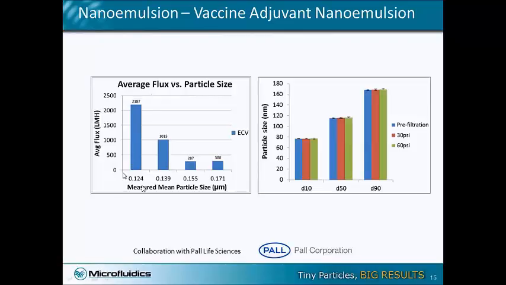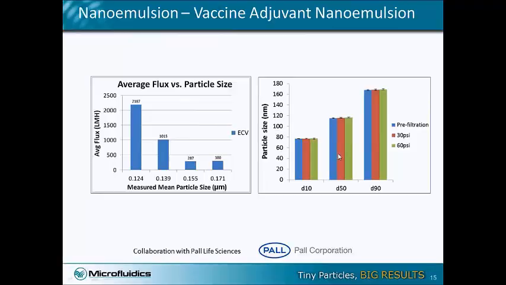You can see here, although your mean particle sizes are well below 200 nanometers, as small as 150, you're still not seeing a very high filtration flux, because you may have particles above 220 nanometers, which may slow down your filtration process.